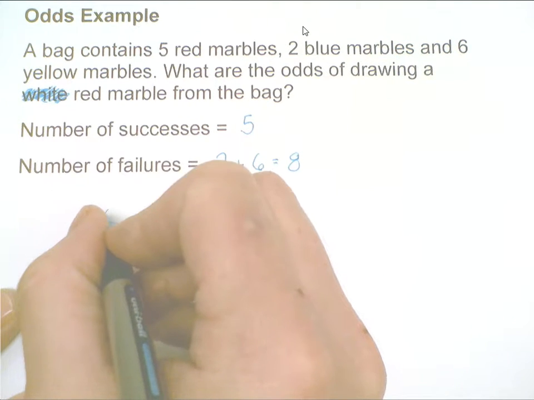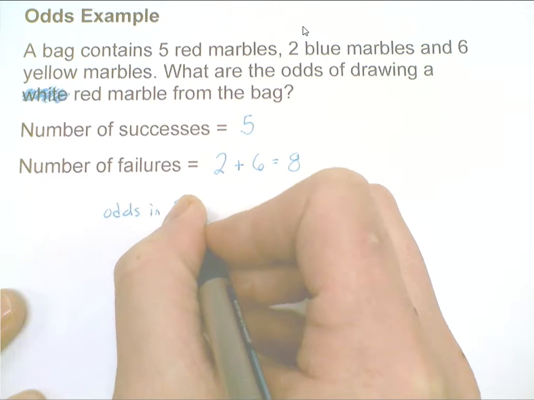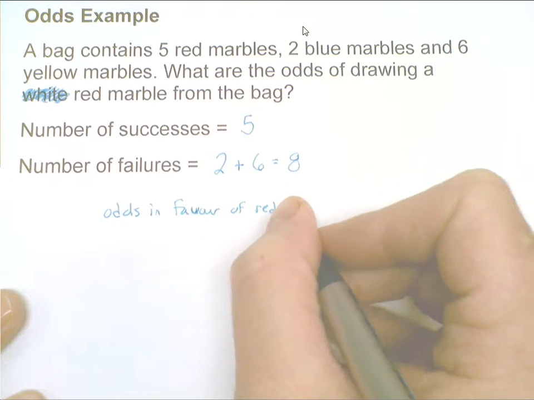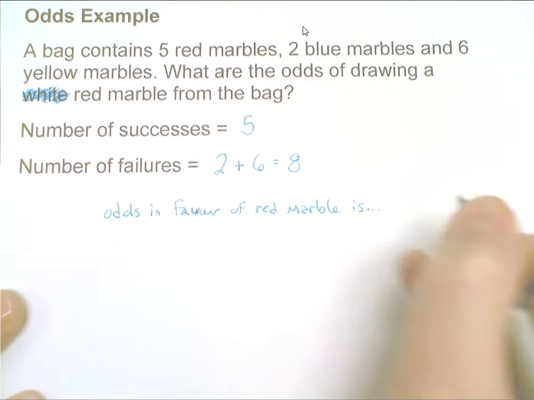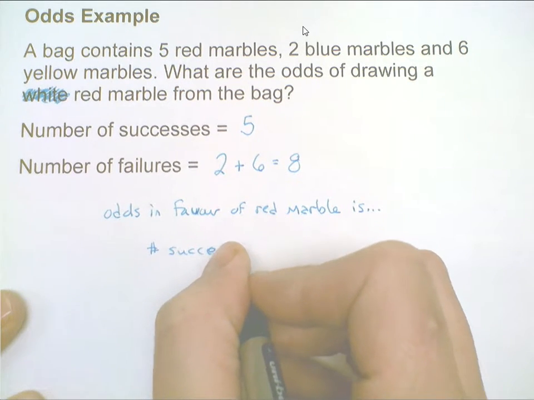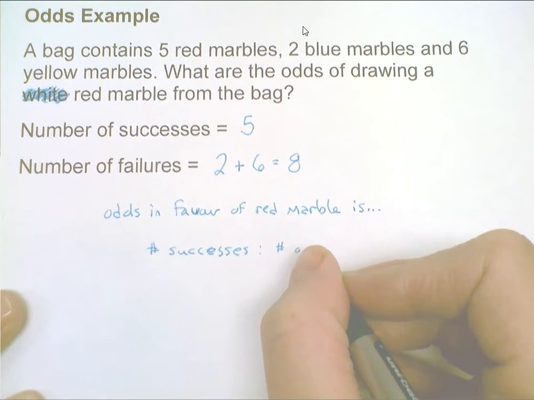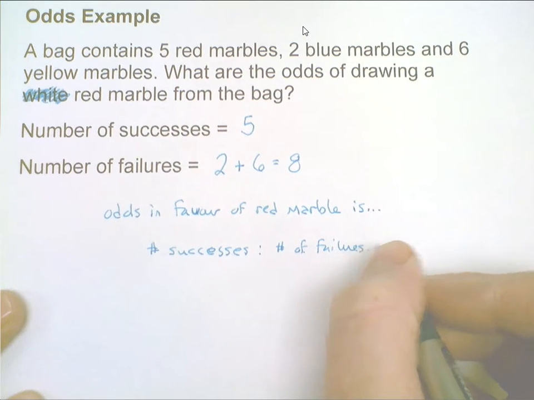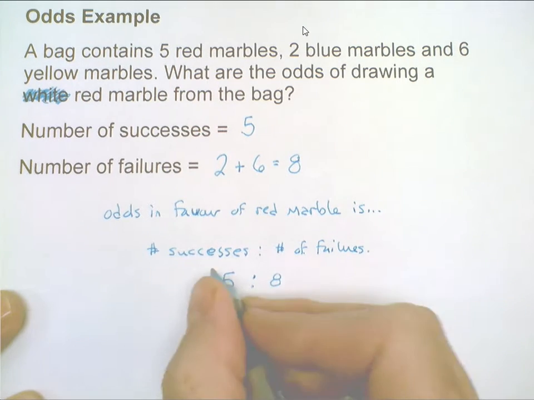So to find the odds in favor of a red marble is the number of successes to the number of failures. So the answer is 5 to 8.